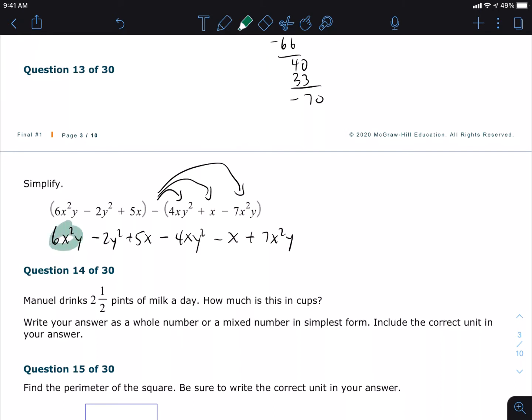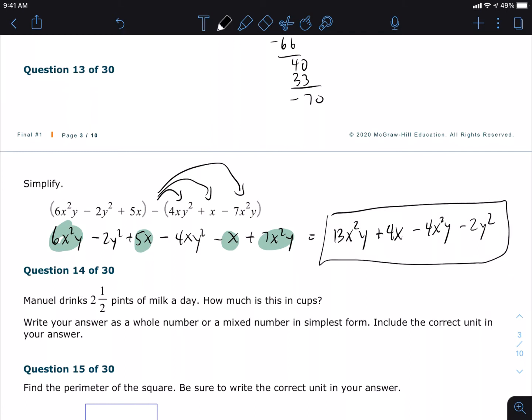So this and this can be combined. So that's going to give me 13x squared y. And then the only other thing that can be combined is this 5x and this minus x. So that's going to give me plus 4x minus 4x squared y and then minus 2y squared.